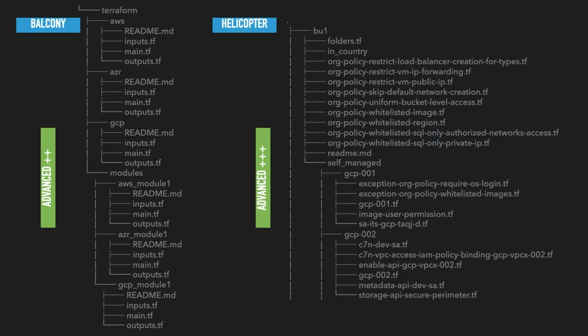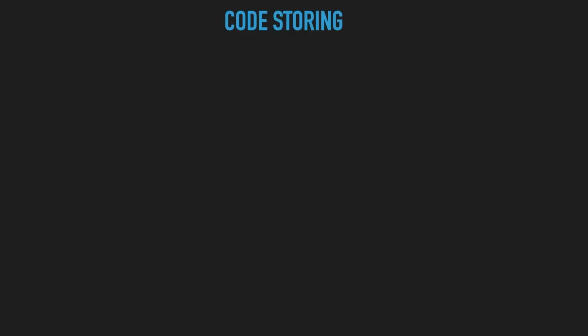Yeah, it's possible to have, but imagine how complex it would be to maintain a huge amount of code in a single repository. So my suggestion, and it's going to be another pattern, is separating of duties and how we actually store the code.